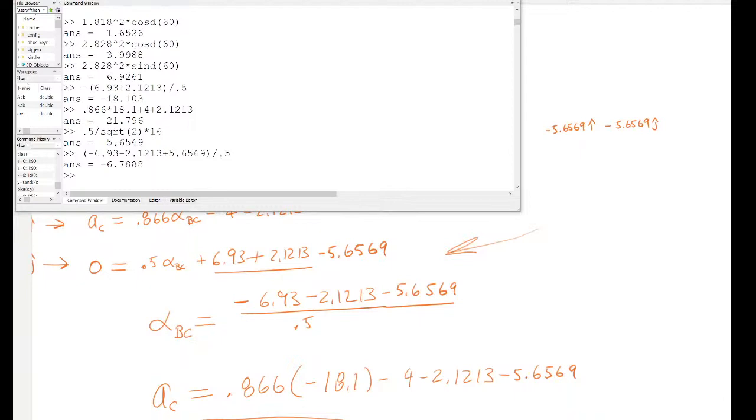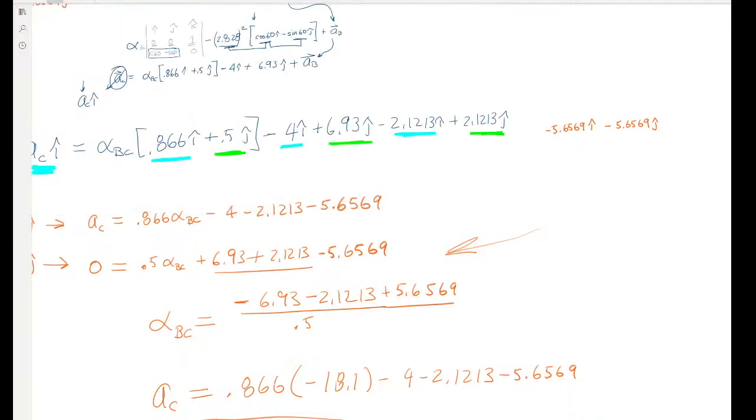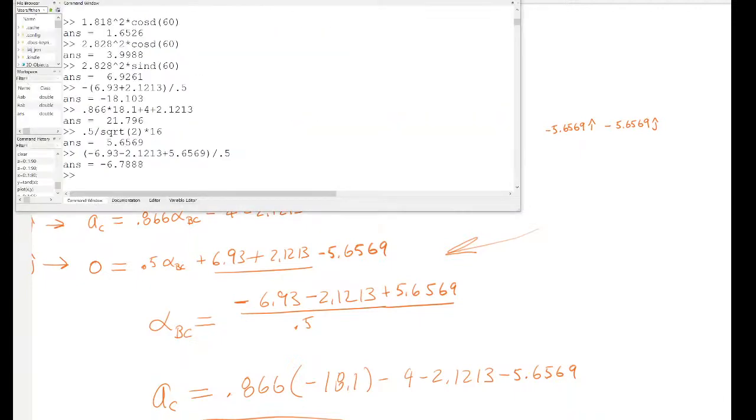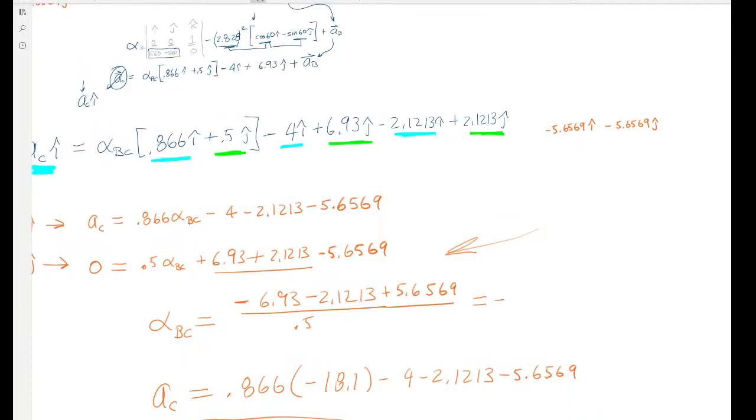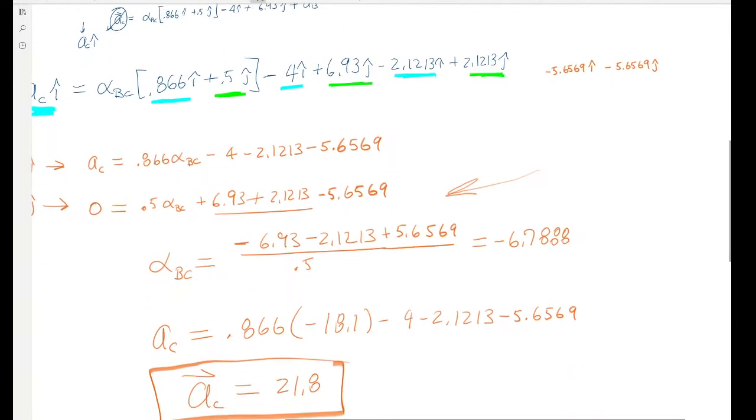And the fix should be right here. Minus, let's see, minus 6.7 and a whole pile of 8s. Okay. Too lazy to subtract that.